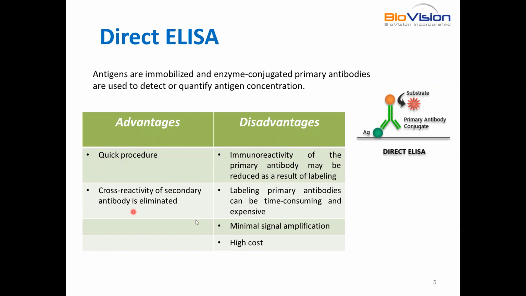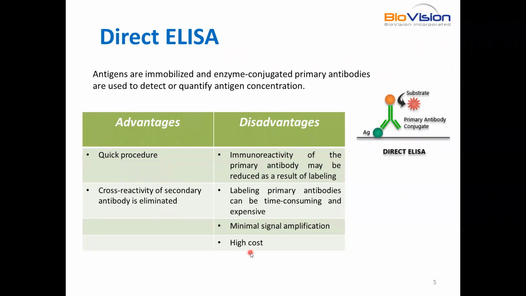Some of the disadvantages are: it requires labeling of all primary antibodies. Immunoreactivity of the primary antibody may be reduced as a result of labeling. Labeling the primary antibody can be time consuming and expensive. It provides minimal signal amplification, and it is an expensive assay.